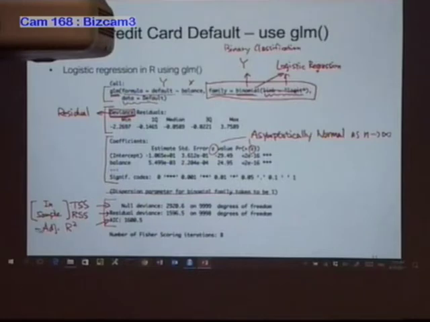Let me write it. So this is an error, but it's just like adjusted R square: it combines the R square information, like what we have here, with the number of predictors, how complicated your model is. Combine the two things. AIC also combines the residual deviance and the number of predictors.